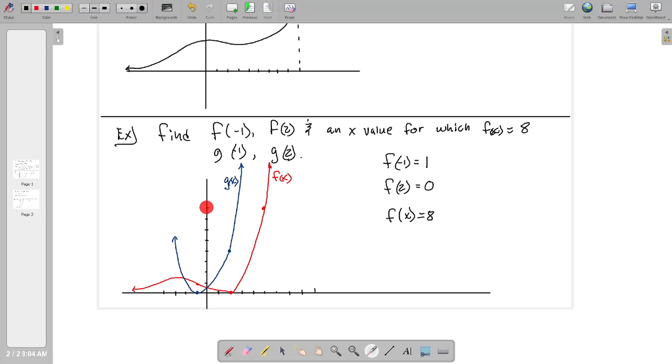We go to here. And now we're looking for the x value that's associated with this on the red curve. So we move over. We see that at y equals 8, we have this particular x value here. So it will be 5. In this case, x equals 5.